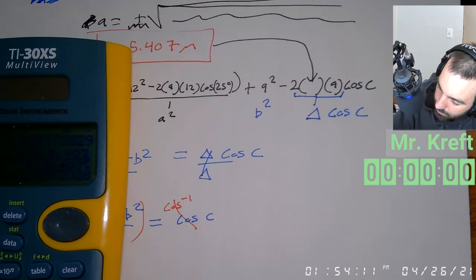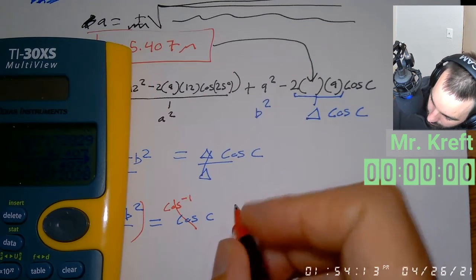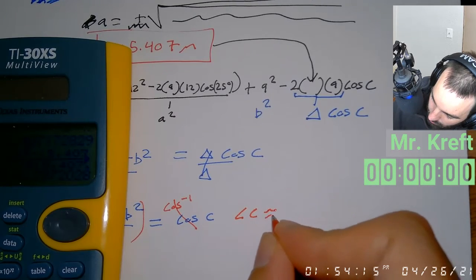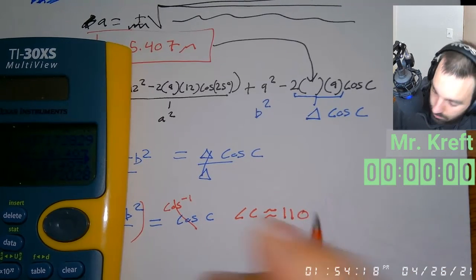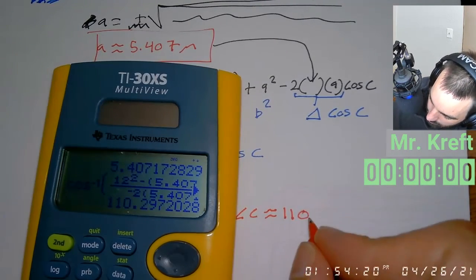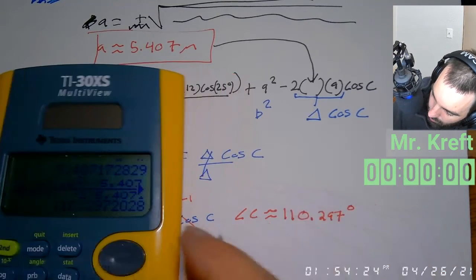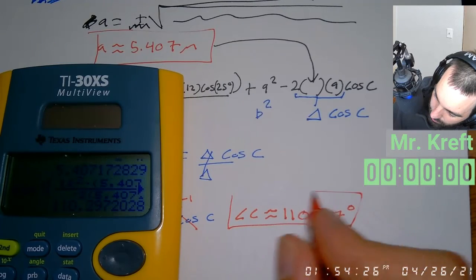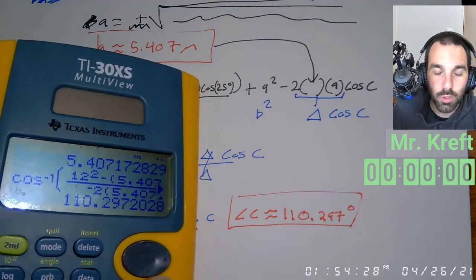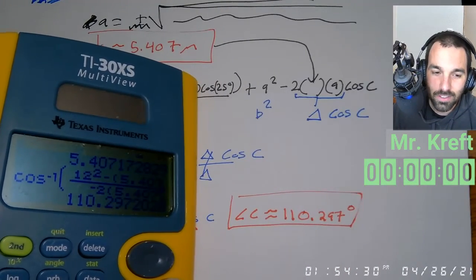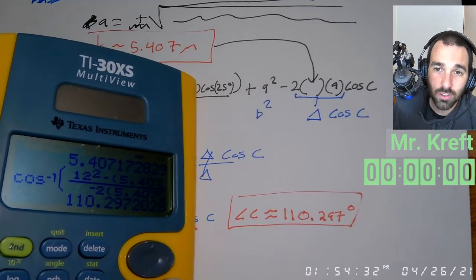Okay, so I get angle C is approximately 110.297 degrees.